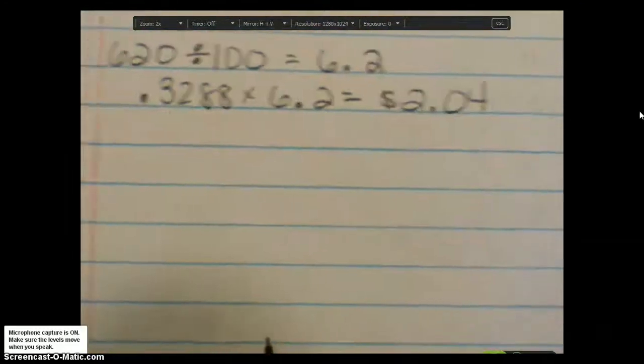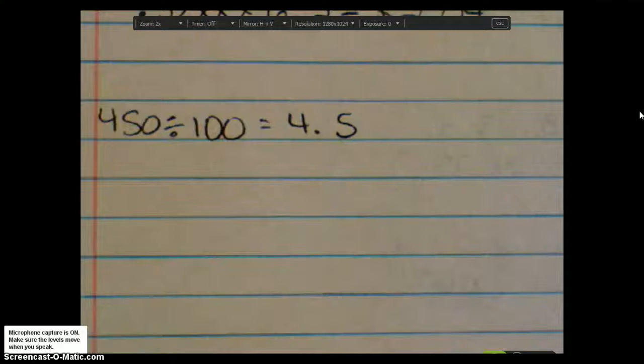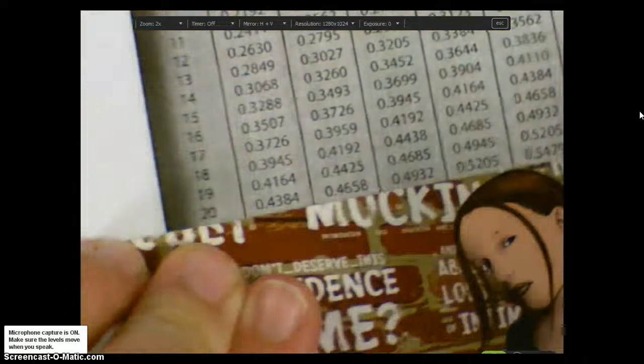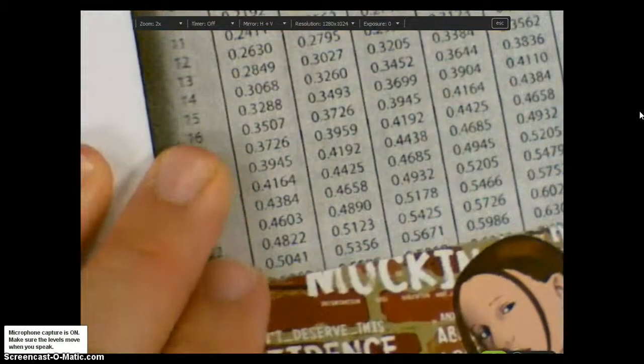So here, it's going to be very similar to what we've already done. We'll start out with our 450 divided by 100, and we know that's 4.5. However, we're spending 35 days. You need to come up with some sort of combination. I would suggest you go with even numbers. So with your days, I would suggest you go clear down here, and wow, this is really crooked, sorry guys.